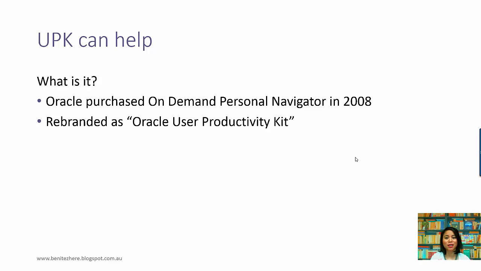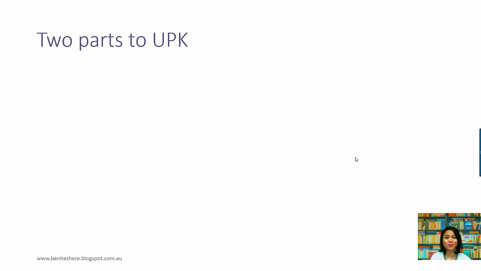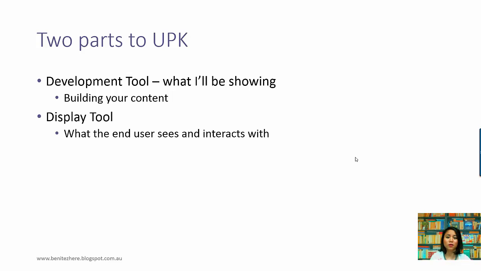It's an Oracle product, and it stands for User Productivity Kit, and in my opinion, it is a lifesaver for training material. You're going to be so blown away in terms of the outputs that it generates. So there's two parts to UPK. There is the development tool, which is where you build your content and how you publish it.